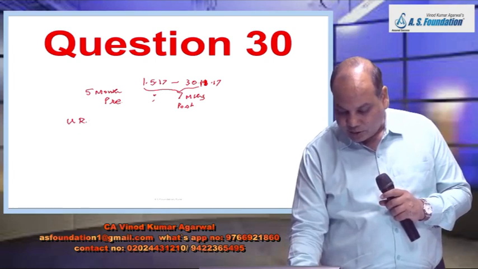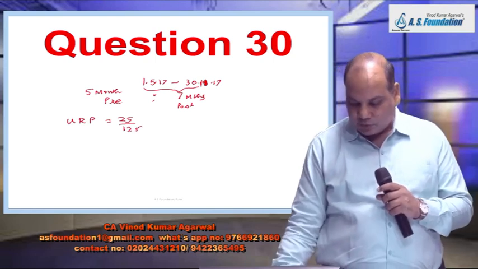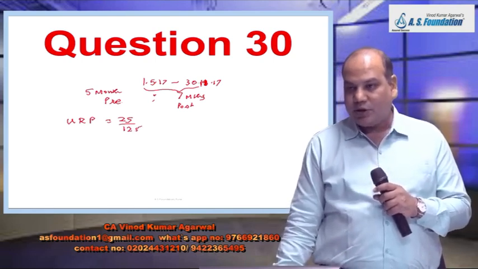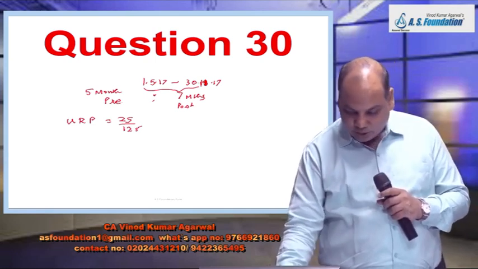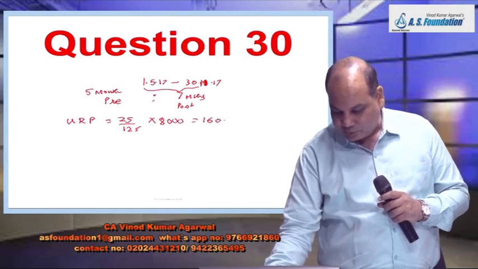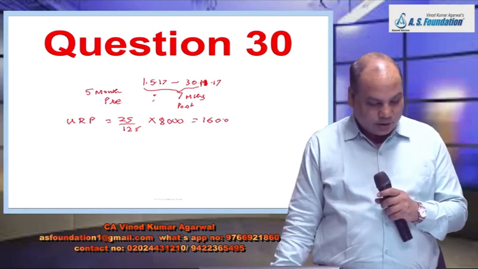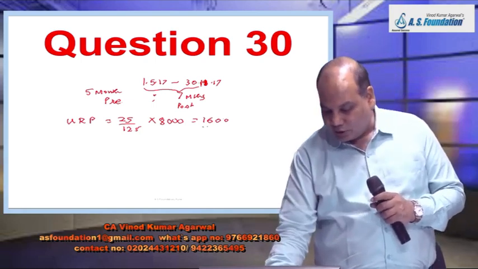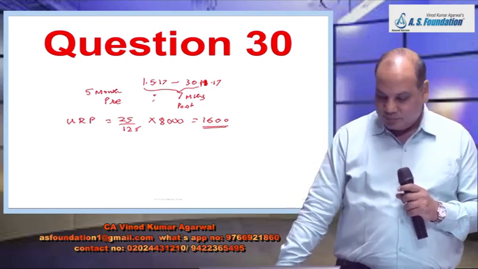So what is the unrealized profit on stock? If it is 25% of cost, it is 25 by 125 of selling price into 8,000. So unrealized profit is 1,600. Tick mark inventory. Reduce inventory by 1600.